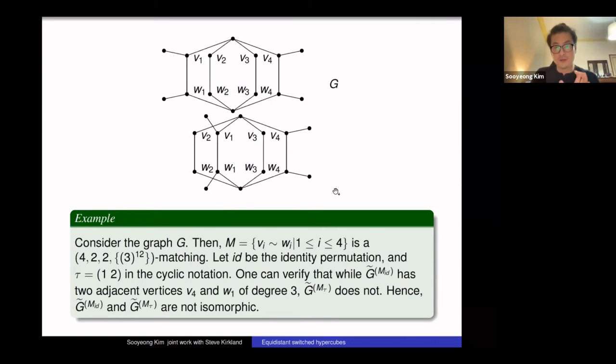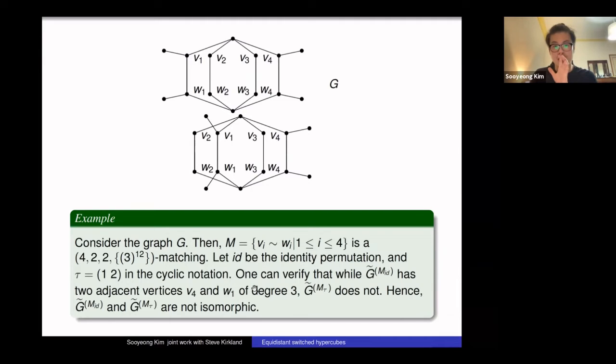In this way, the resulting graphs are respectively G tilde super M sub ID and G tilde super M sub tau. We can verify they are not isomorphic, because one can check this observation. So they are not isomorphic.